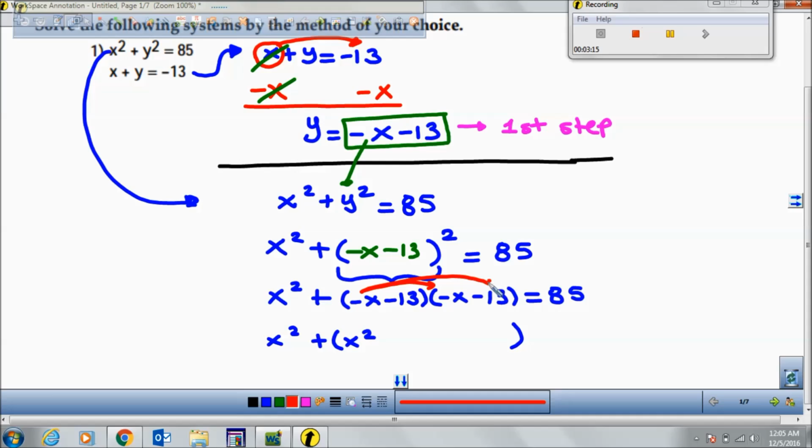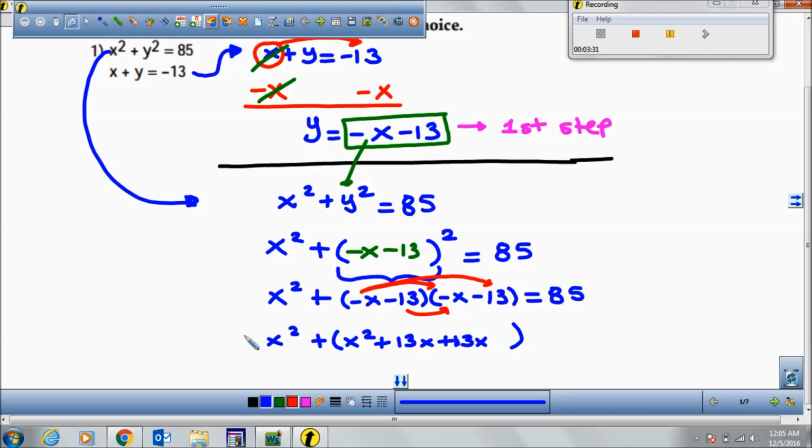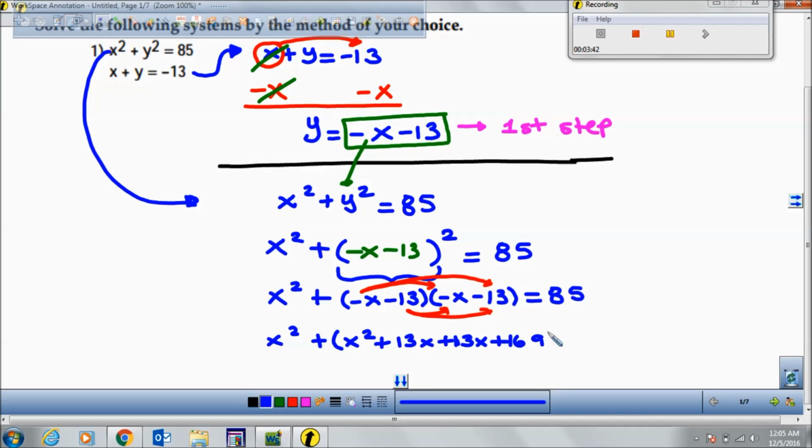Then negative x times negative 13 is positive 13x. Then negative 13 times negative x, positive 13x. And negative 13 times negative 13, positive 169. Equals 85.